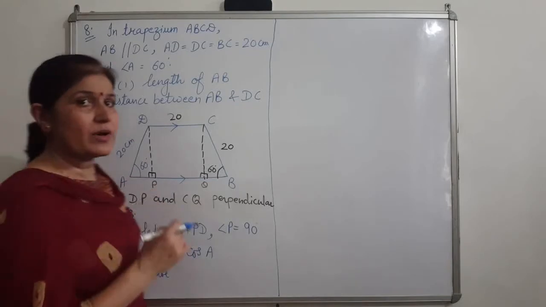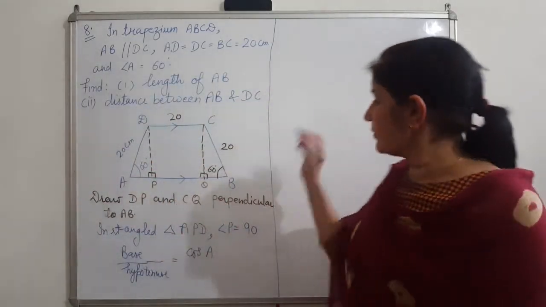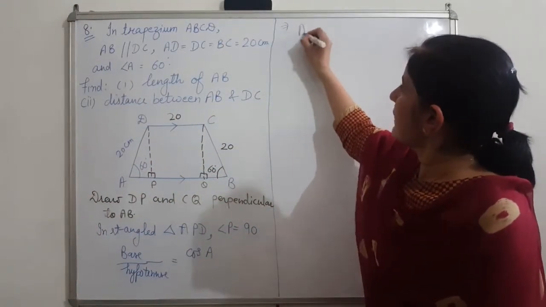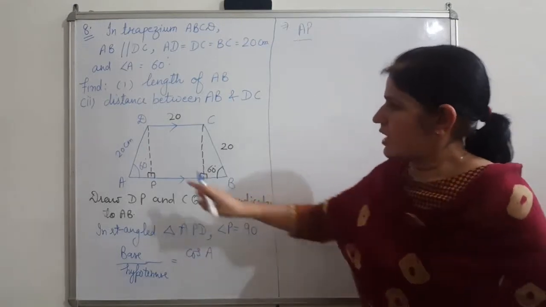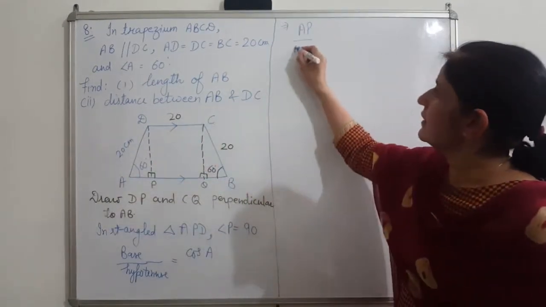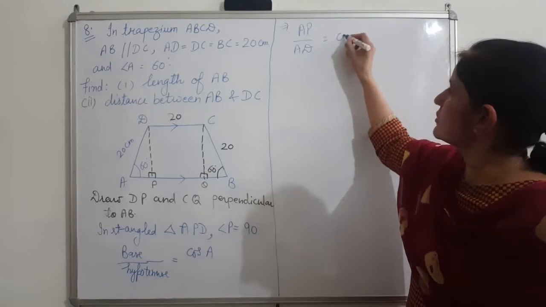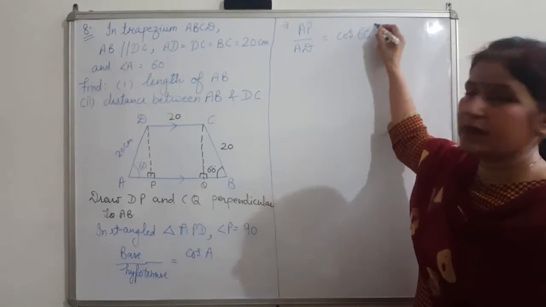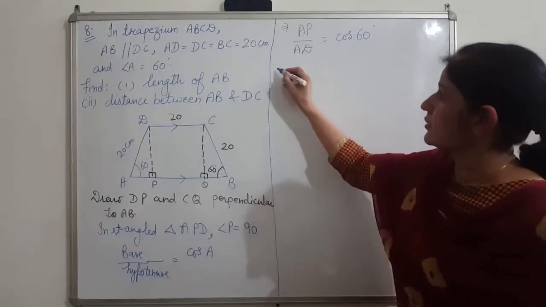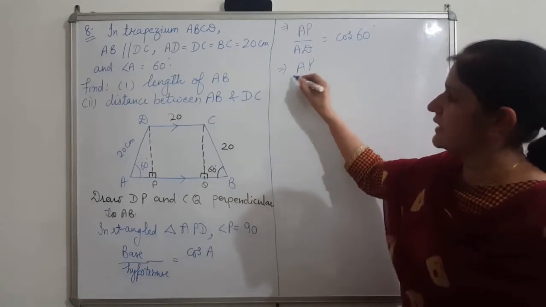AP, which you have to find. So AP upon hypotenuse, which is AD, equals cos 60 degree. Now what is AP? You have to find. What is AD?